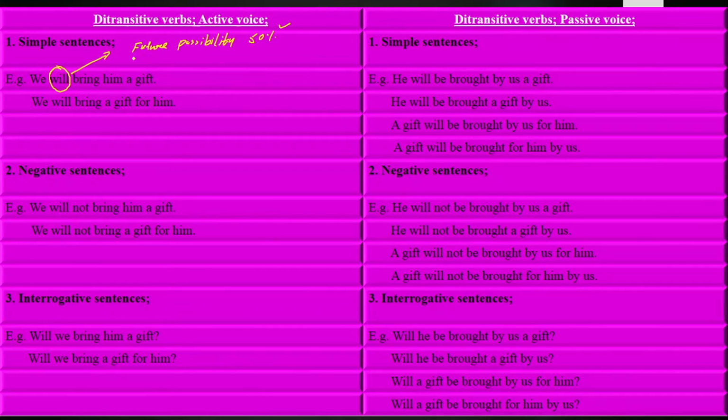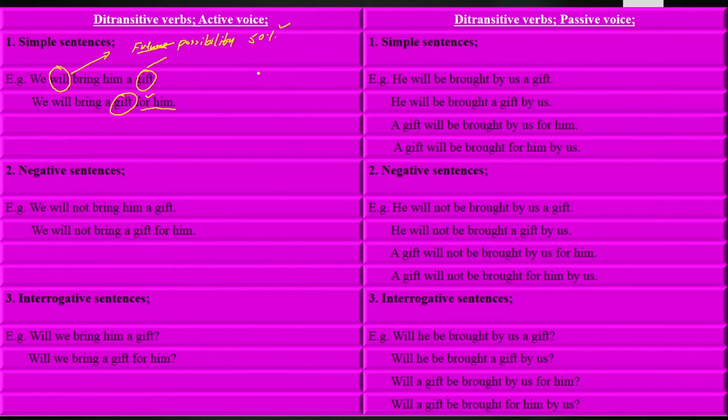Now if I say we will bring him a watch, we will bring a watch for him, we will bring him a gift, and we will bring a gift for him. And if you bring the direct object at the beginning, your indirect object will be followed by a preposition, and here it will be followed by for.